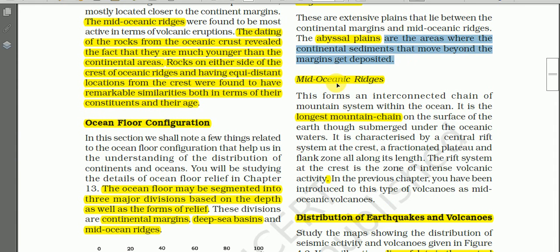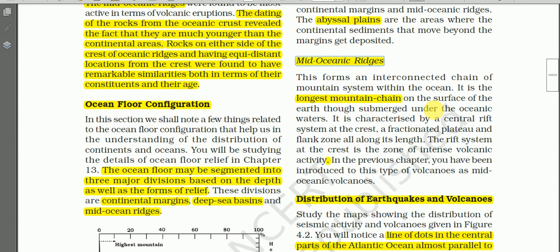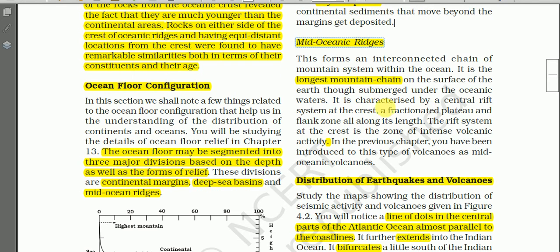Next we have the last one, the third important division of the ocean floor, mid-oceanic ridges. This one we have also discussed in the previous chapter. This forms an interconnected chain of mountain system within the oceans.